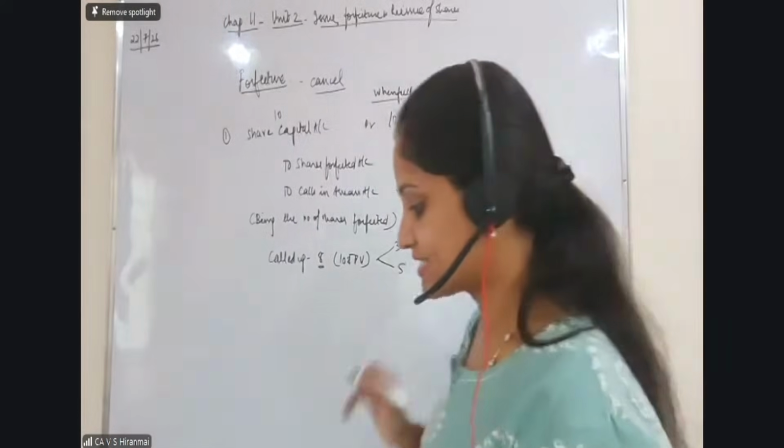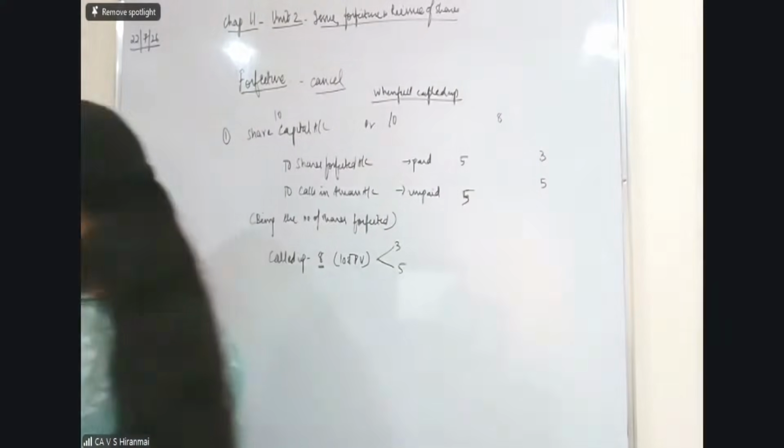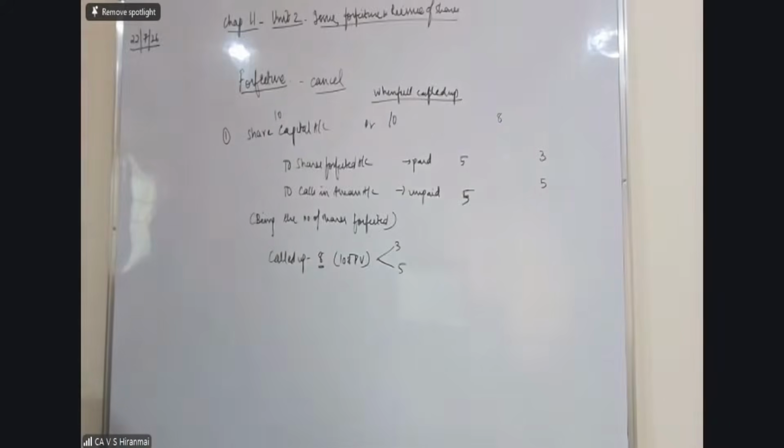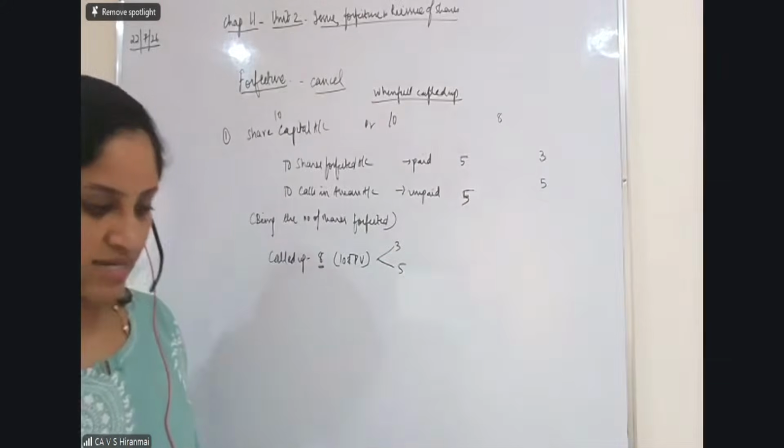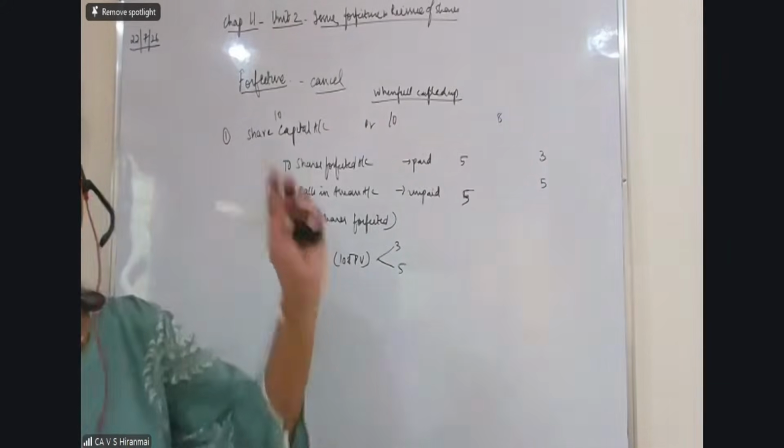So here, the first variation I am adding to the question is that whenever the called up value is lesser than the face value, which means that 10 rupees is the actual face value, but usme se I have called up only 8 rupees.